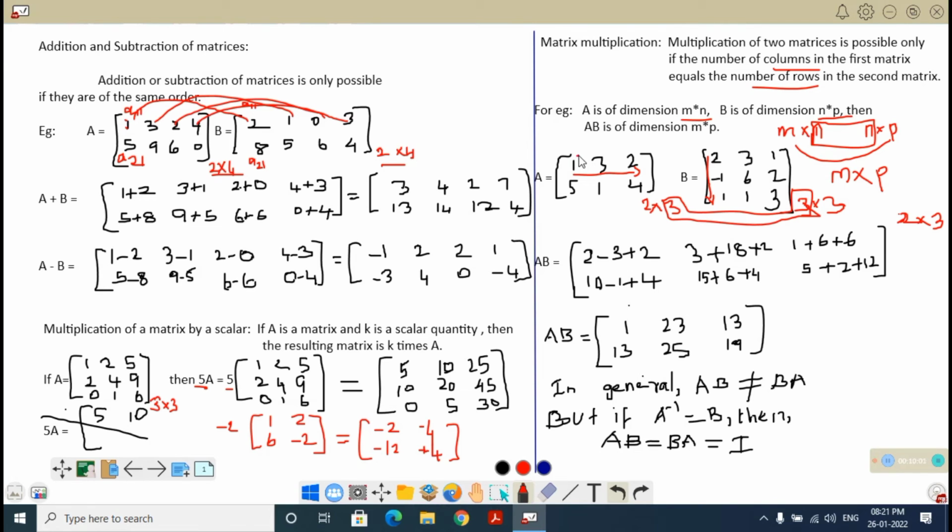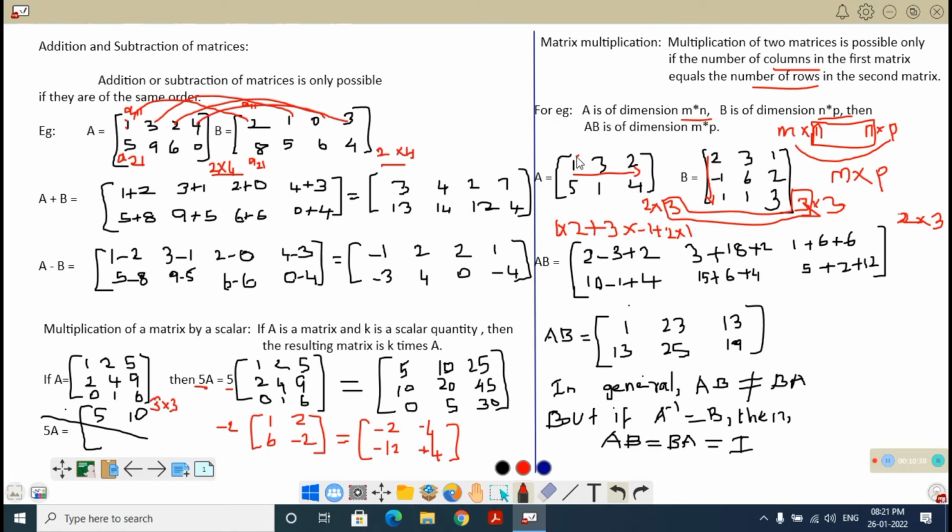So 1 times 2, first row first element, here first column first element, plus second element, here second element, 3 times -1, plus the last element, 2 times 1. So the sum of these products will give the final answer.